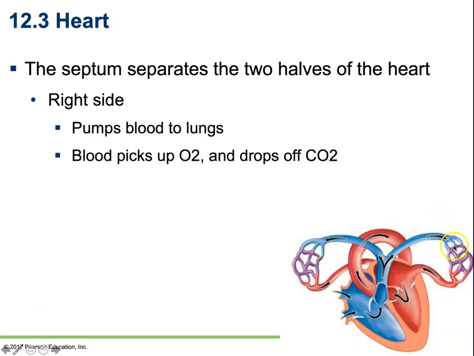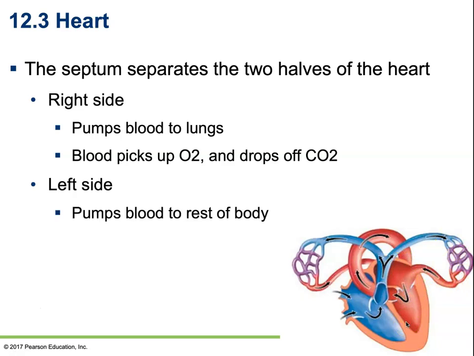Once it reaches the lungs, we're going to be picking up oxygen, dropping off carbon dioxide, and then heading back towards the heart. The left side is going to be pumping that oxygen-rich blood to the rest of the body. It's going to drop off oxygen and pick up carbon dioxide. So here we have oxygen-poor blood. It's going to get pumped out, go to the lungs, pick up oxygen, head back to the heart.